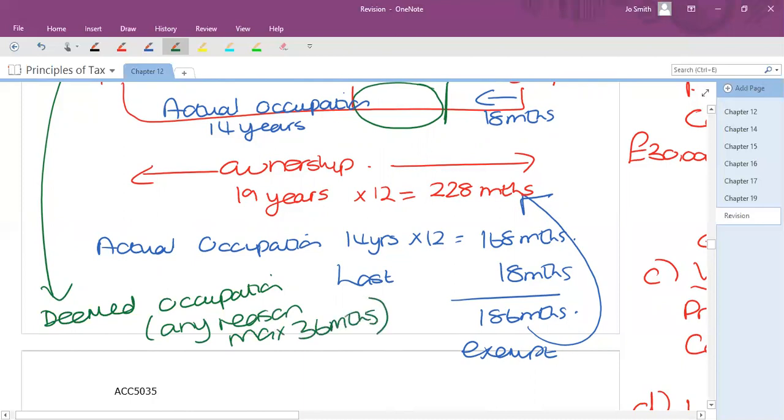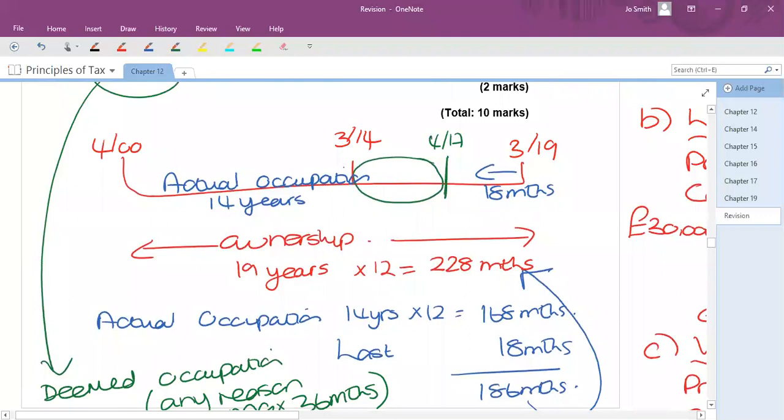And the reason she can claim that, and she can't claim it in the current scenario, is because if she moved back in, the deemed occupation would be followed by, and previous to it, basically sandwiched between two actual occupations. So even though she was absent for that period of time, that 36 months would still be classed as exempt because she lived there before and she lives there after.